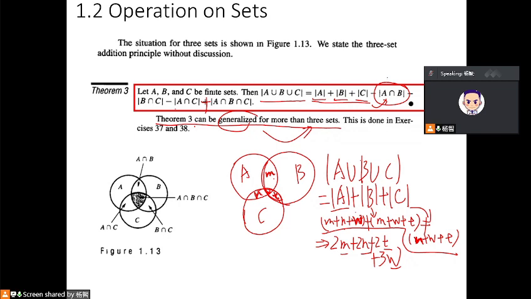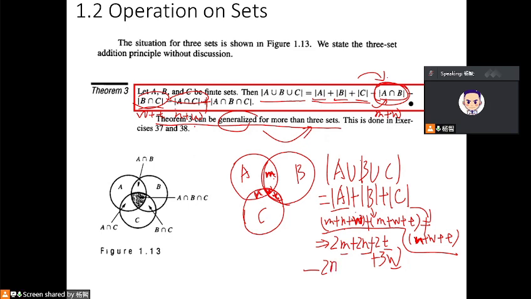The intersection of A and B is M, and the center is W. So when you minus the cardinality of the intersection of A and B, it means minus M and W. When you minus the intersection of B and C, it means you minus W and T. When you minus the intersection of A and C, it means you minus N and W.